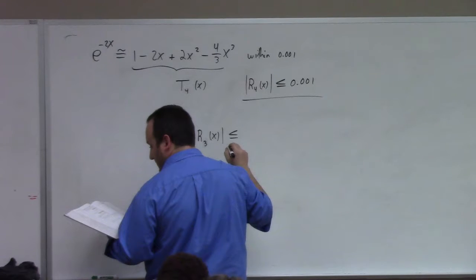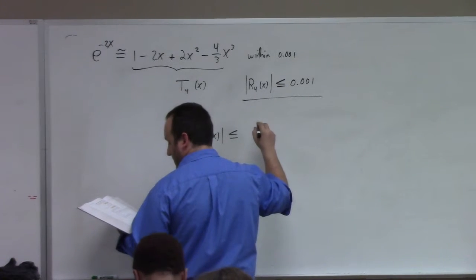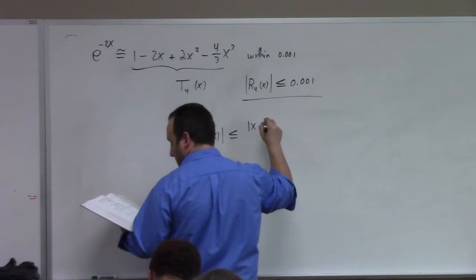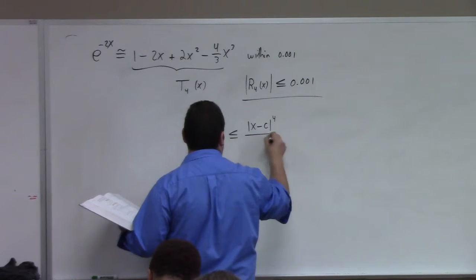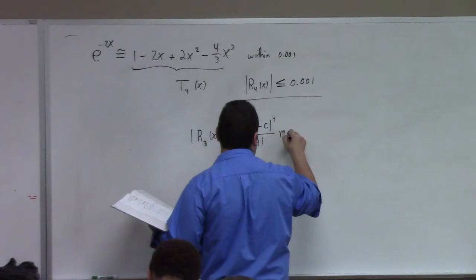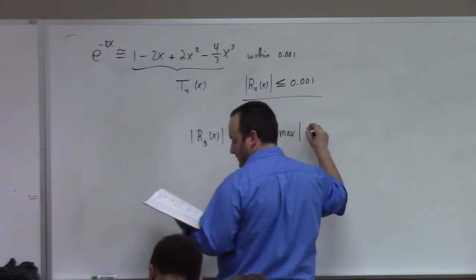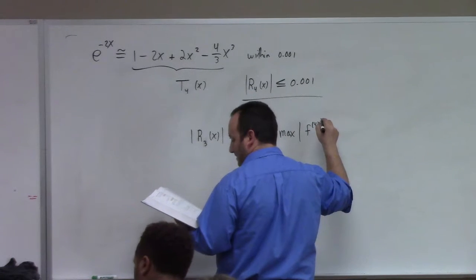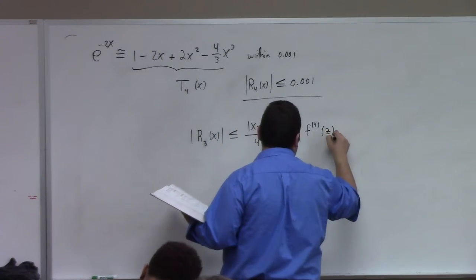And so the theorem on page 642 says that that's less than or equal to the absolute value of x minus c to the 4th power divided by 4 factorial times the max of the 4th derivative at z.